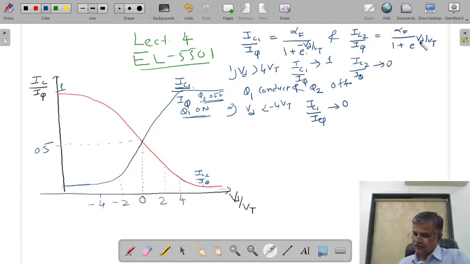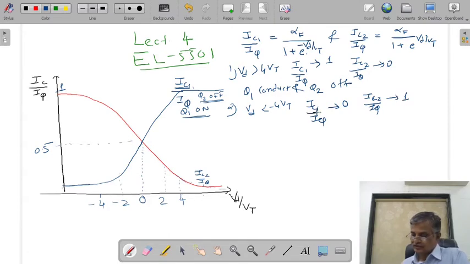And IC2 upon IQ is 1 upon 1 plus e raised to minus 4, so IC2 upon IQ tends to 1.